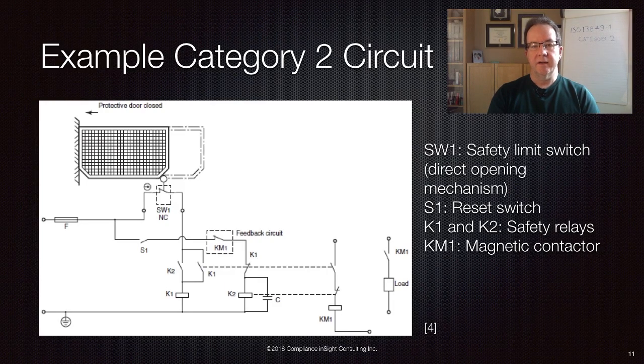So in all honesty, the best way to achieve Category 2, if you really are intent on doing that, is to use an off-the-shelf safety relay that's designed so it can actually be implemented in Category 2. Basically, most of the relays that are out there can be implemented in that way.